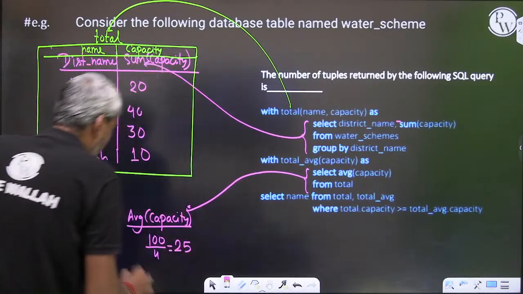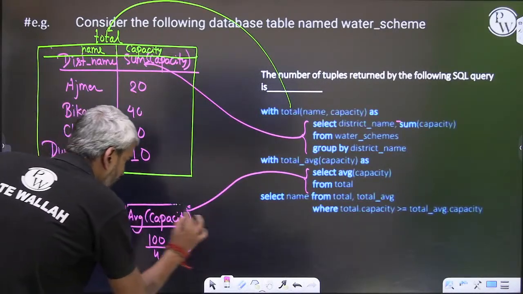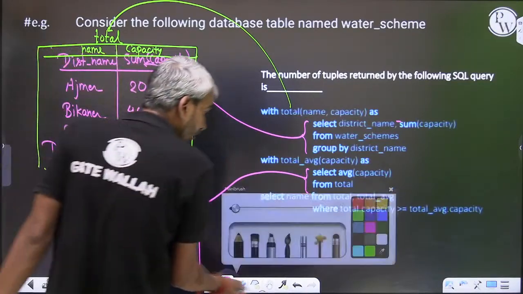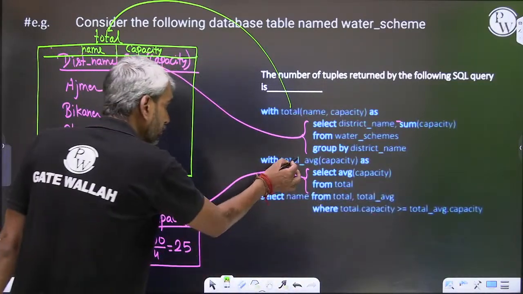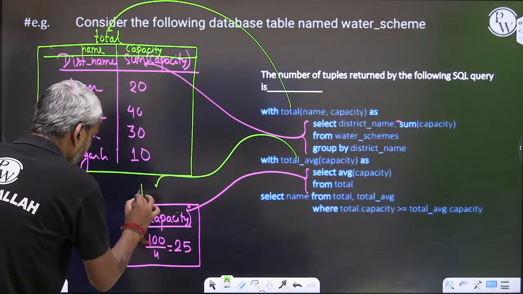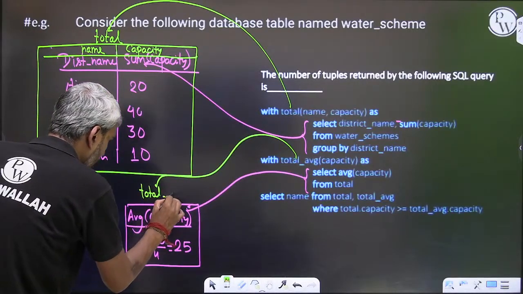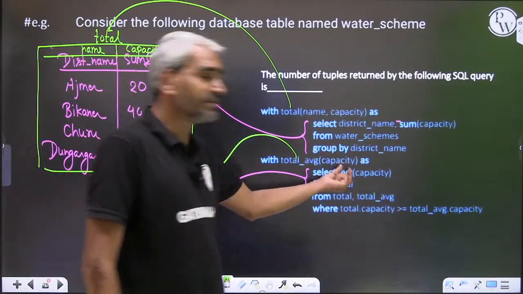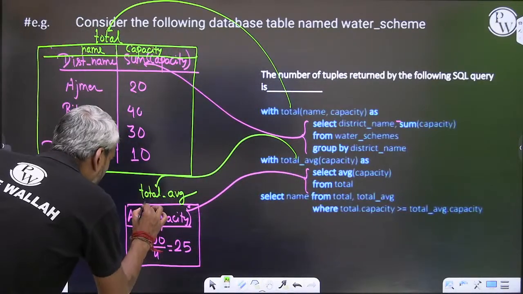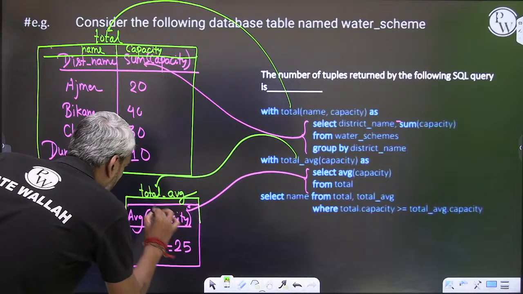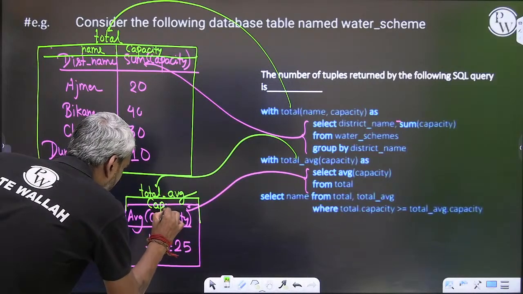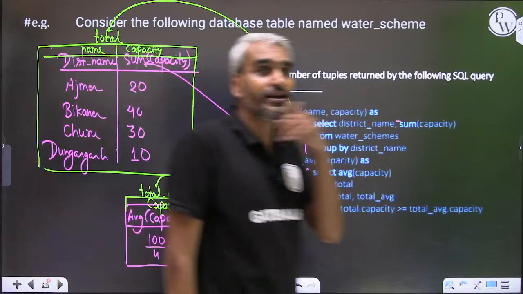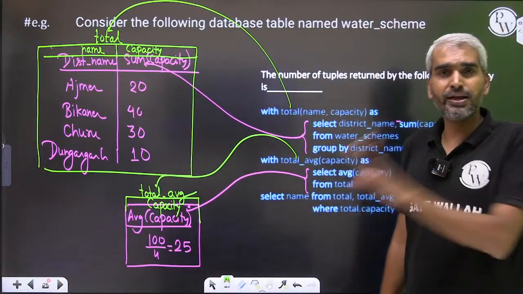Now what will happen? The output of this subquery will be given a new name, total average, and the only attribute of that will be capacity. So rather than average capacity, you will call it capacity. Do you realize what happened?